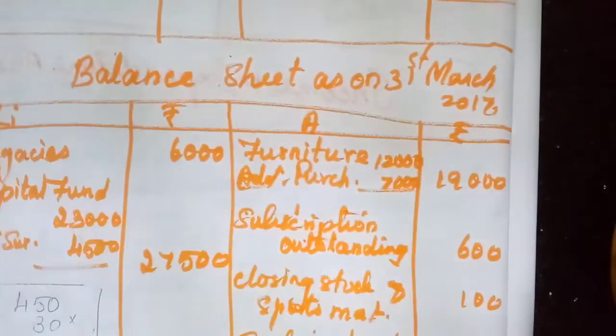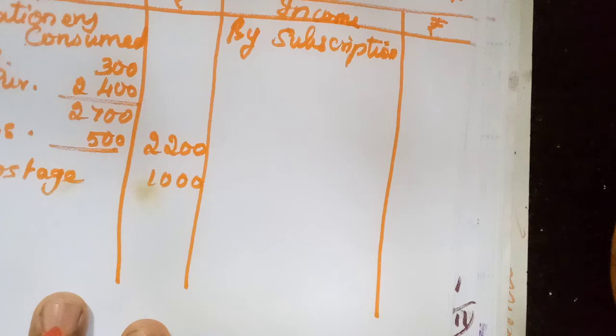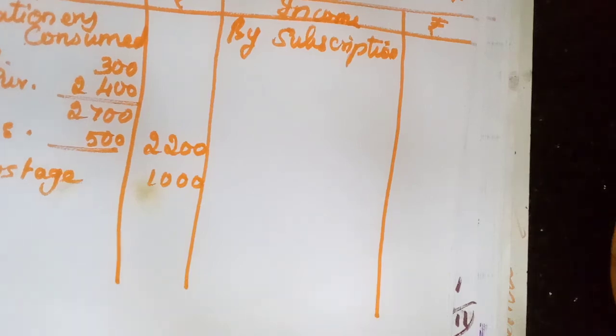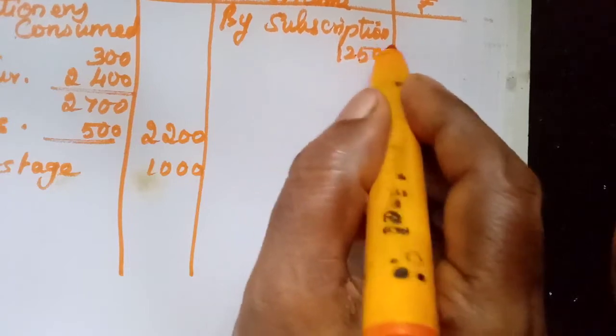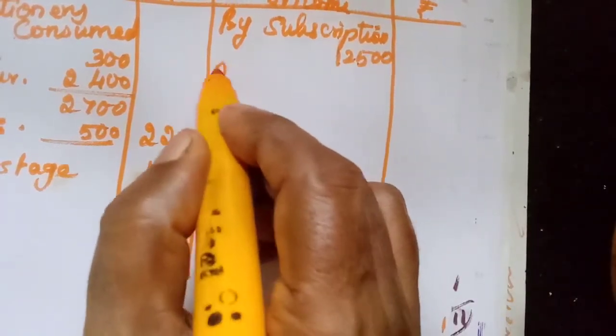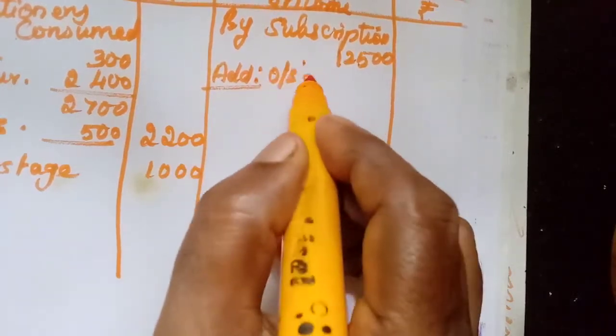But how much have we actually received? What is given in the receipts and payments account for subscription, 12,500. So to get 13,500, we need to add outstanding subscription.